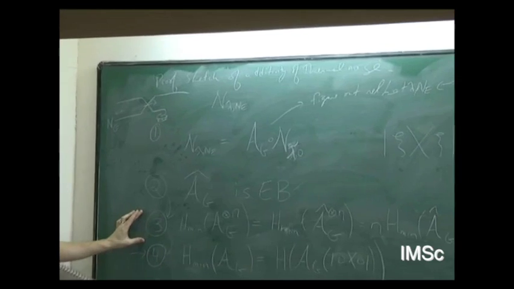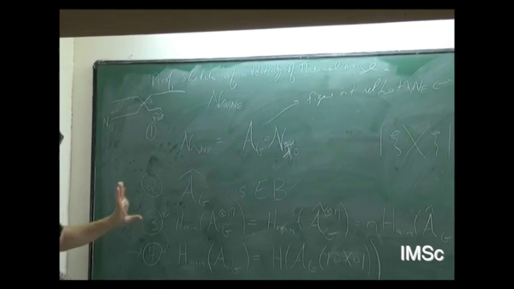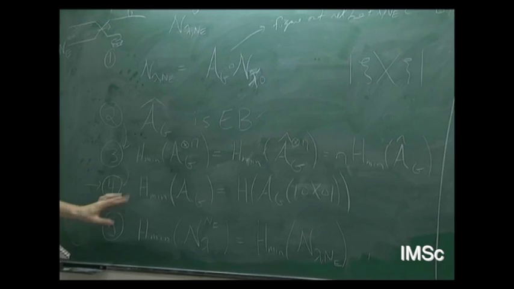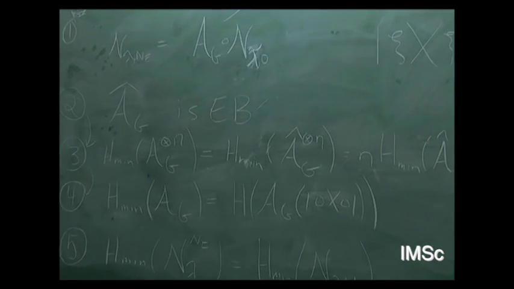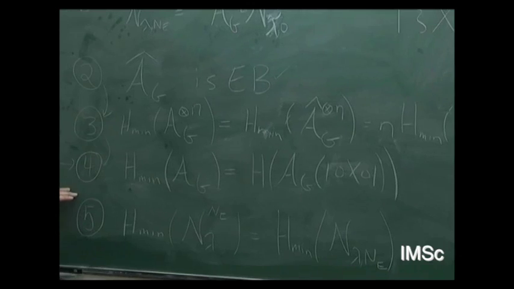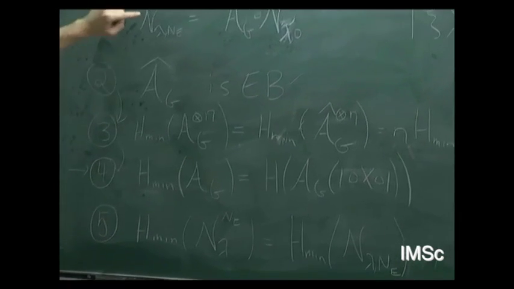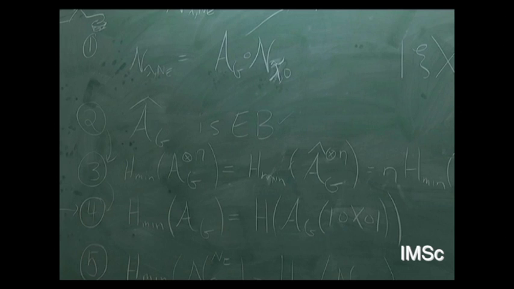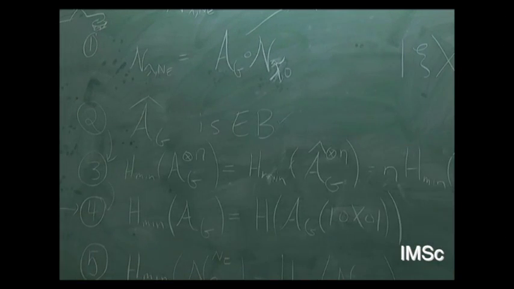You take the channel, you decompose it into something whose complement is entanglement breaking. That makes the minimum output entropy of that guy a single letter. You can show that the minimum entropy of that guy on a single channel use is achieved by the vacuum. And that lets us compute the minimum output entropy of the original channel again. Okay? So now you can just evaluate what this Holevo information is.